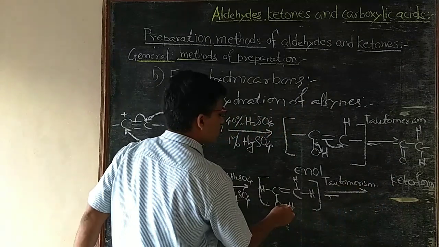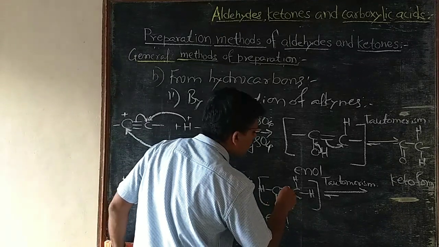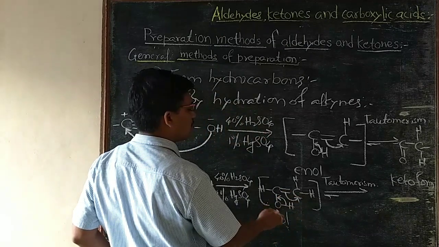In this case, this electron pair goes here, then this pi electron pair shifts towards this carbon atom.